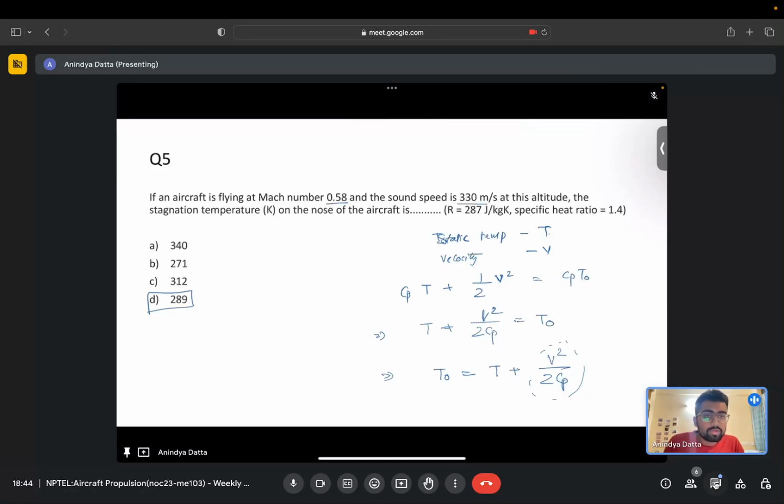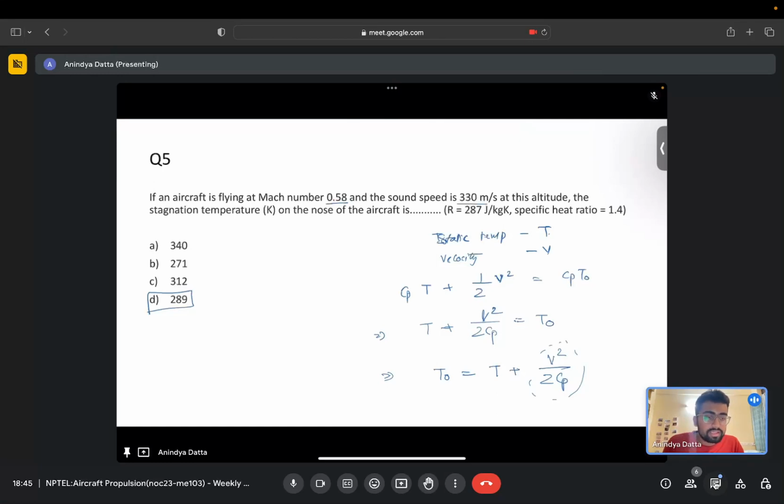In turbomachineries, the fluid flow velocity is quite high. So to take into account the effect of the kinetic energy change, we express the temperature and pressure in the stagnation form, which is stagnation temperature and stagnation pressure. In that way, the stagnation temperature includes the effect of velocity, the kinetic energy at the state point.